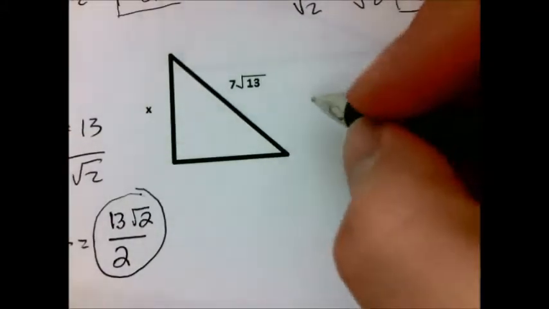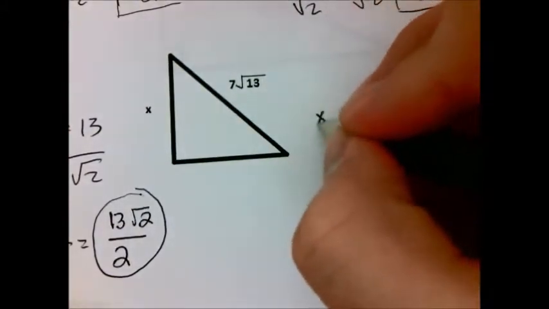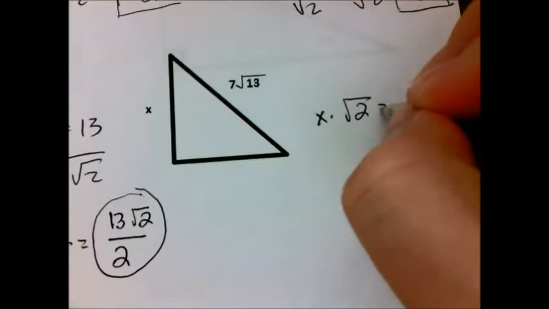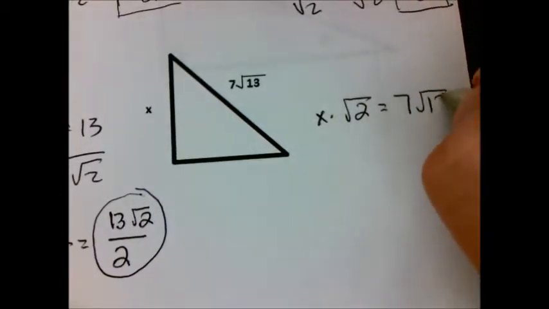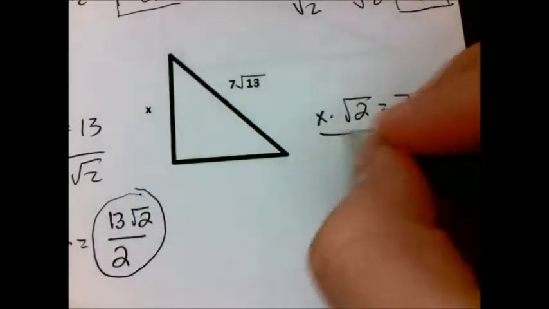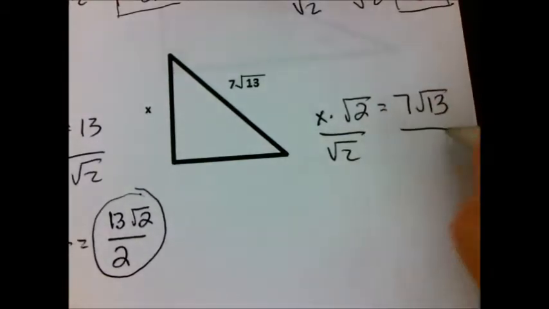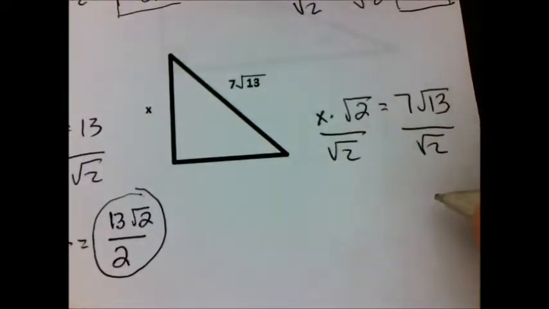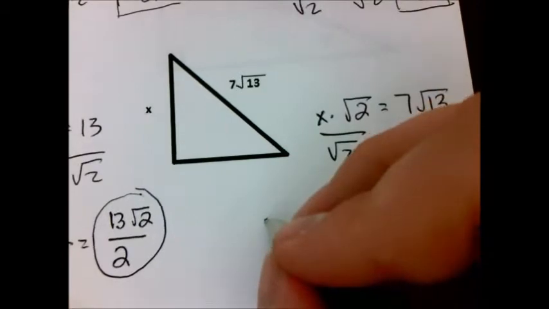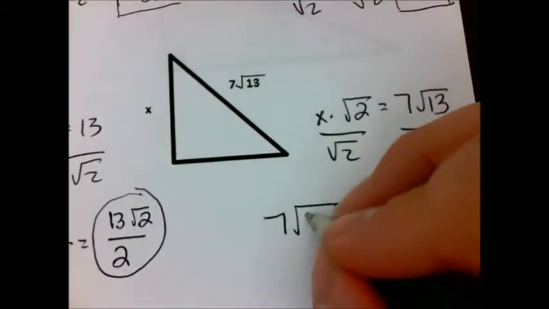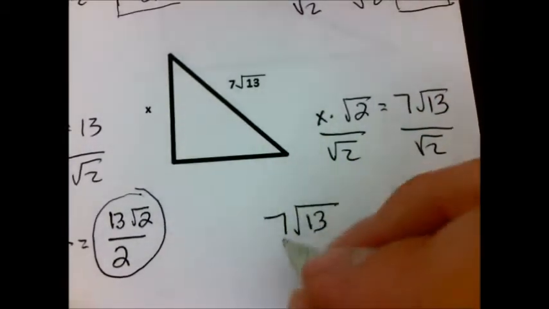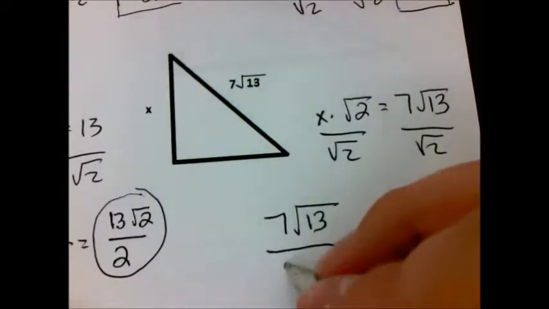Same idea over here. We've got x times square root of 2 should give us 7 square root 13. Divide by square root of 2. That gives us 7 square root 13 over square root of 2.